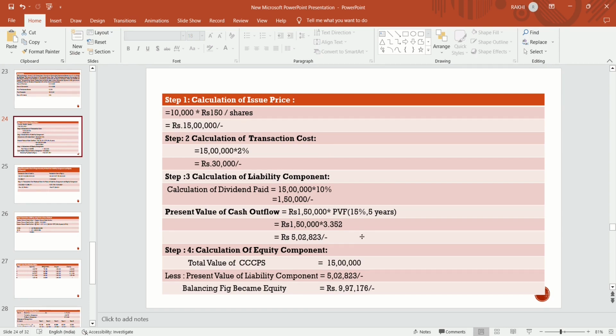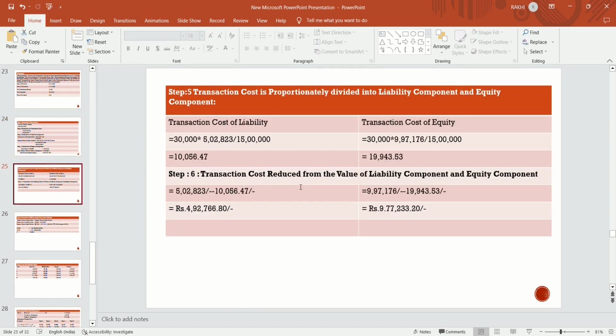Now on these equity component and these liability component, the transaction cost is to be proportionately divided. Step 5 is transaction cost, which is 30,000, proportionately divided into liability component and equity component.